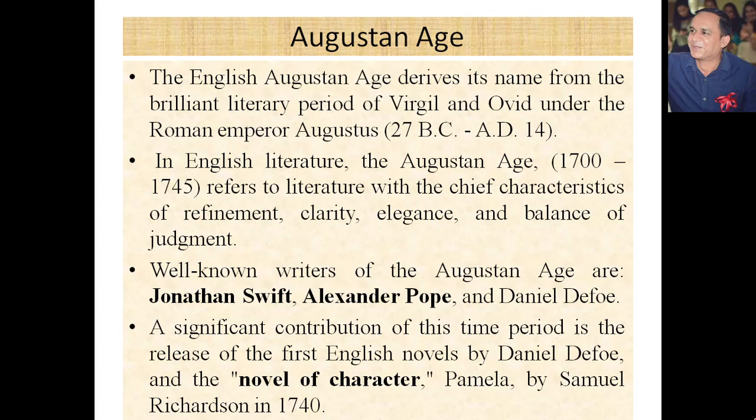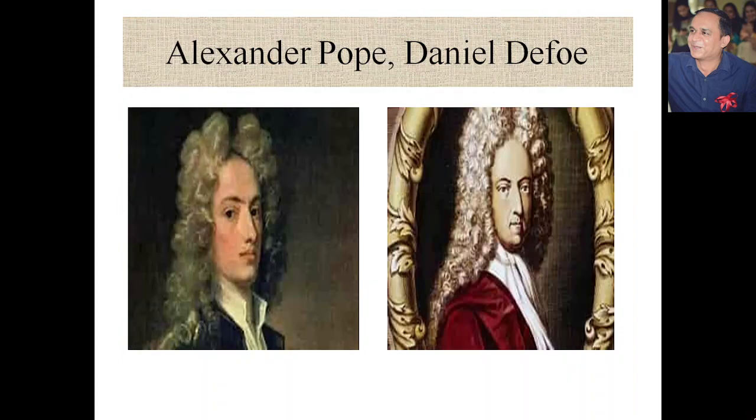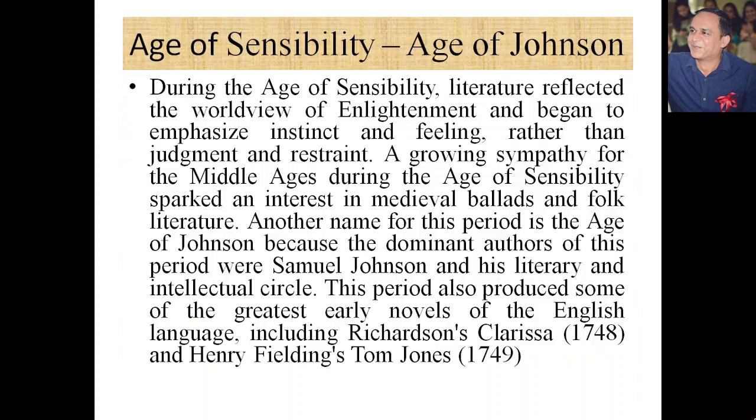Also the first English novel, the proper English novel, was written during this particular age. And the novel of characters, Pamela by Samuel Richardson, 1740. So great contribution to English literature. And these are the great men, Alexander Pope and Daniel Defoe.